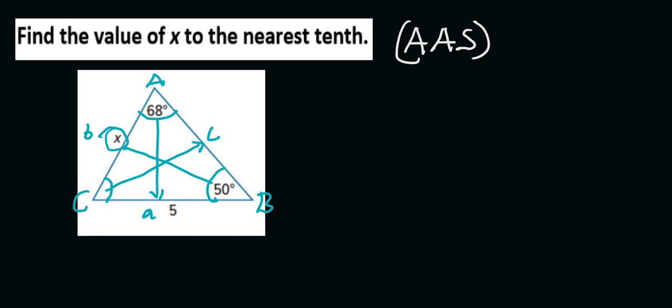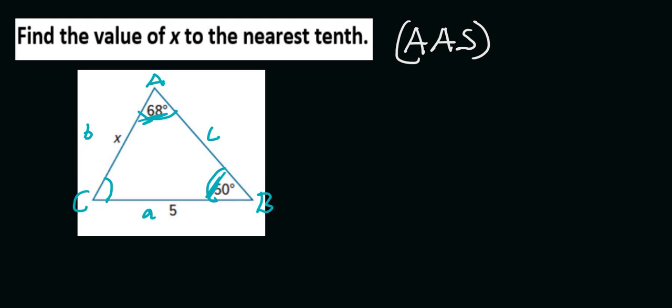All right, so now since you have done that, you can just erase all this from here. As you can see, we are given two angles. This is one of the angles over here, and this is another angle.